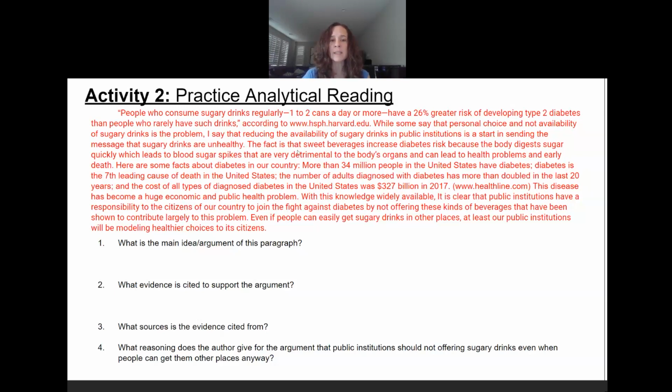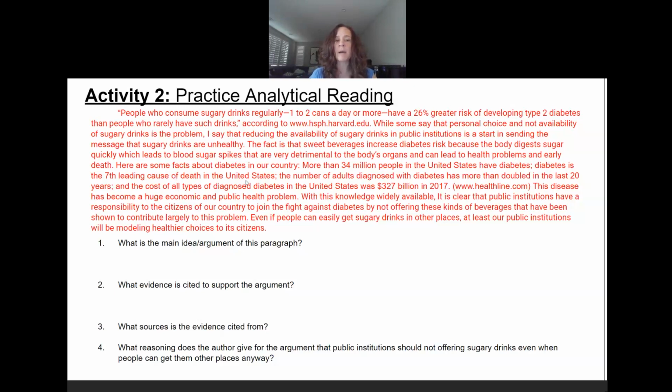The fact is that sweet beverages increase diabetes risk because the body digests sugar quickly, which leads to blood sugar spikes that are very detrimental to the body's organs and can lead to health problems and early death.